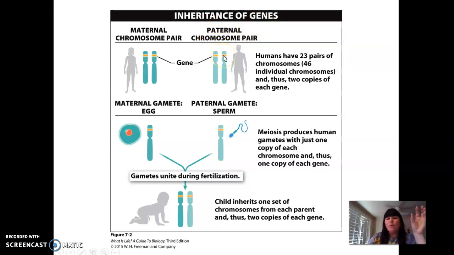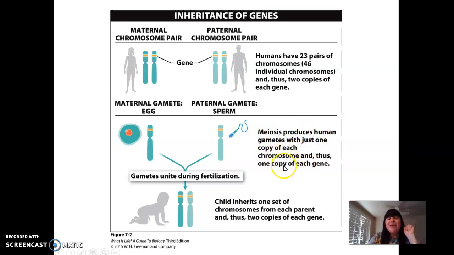Okay. Now, through meiosis, when she goes to making eggs, one of her genes will be in one egg, one of her genes will be in another. When he goes to making sperm, it's haploid, it only carries one of his genes. And we talked about meiosis and how things are passed on. So it says meiosis produces human gametes with just one copy of each chromosome, and that's one copy of each gene.